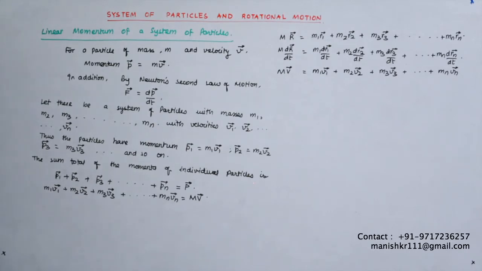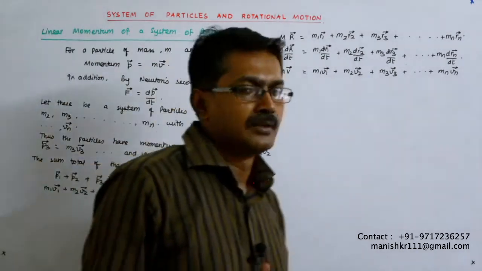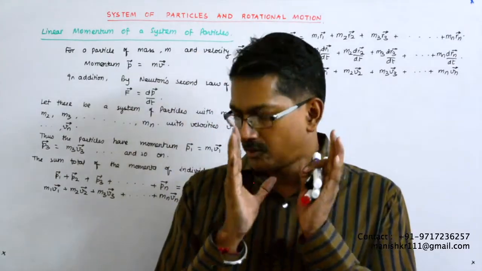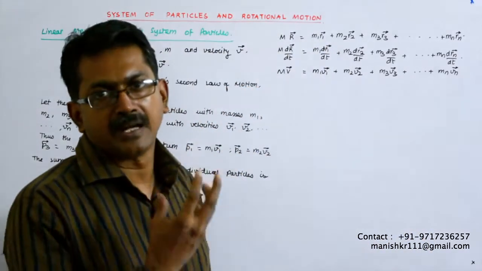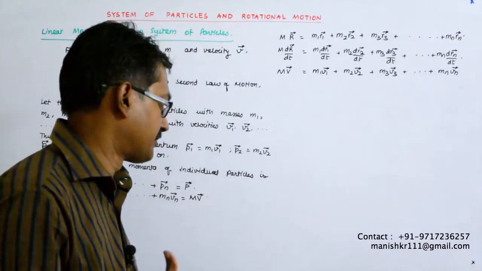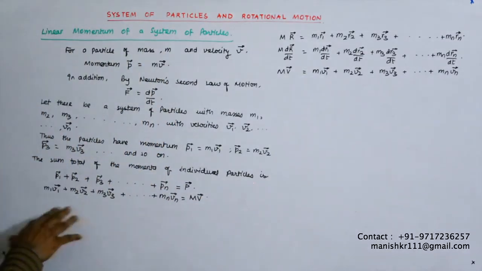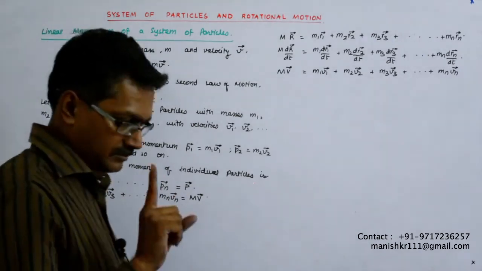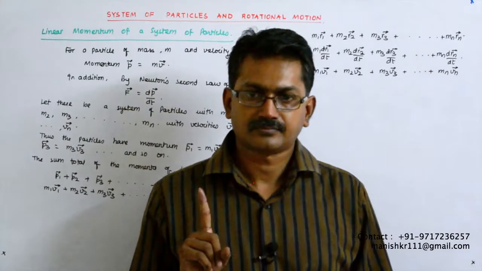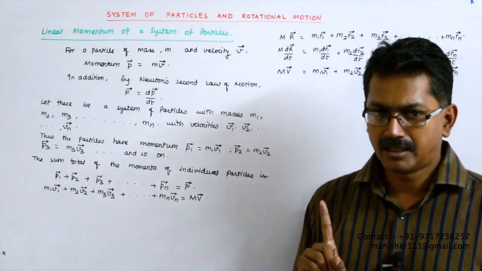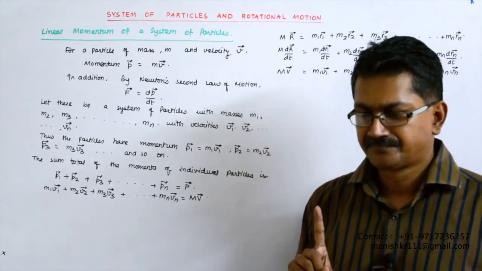So the sum of all the momenta is nothing but the total mass of the system multiplied by the velocity of the center of mass. So somehow this converts everything into one particle, right? Correct?